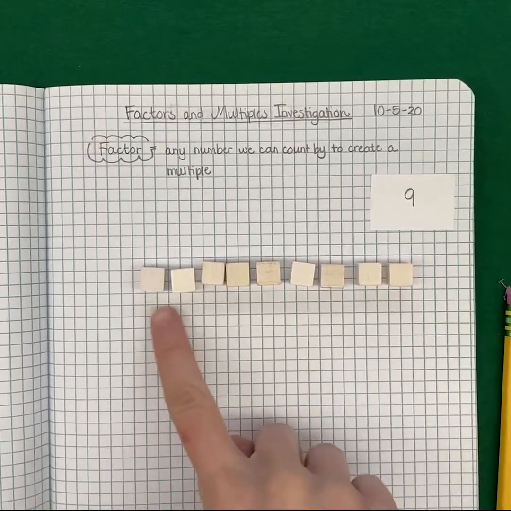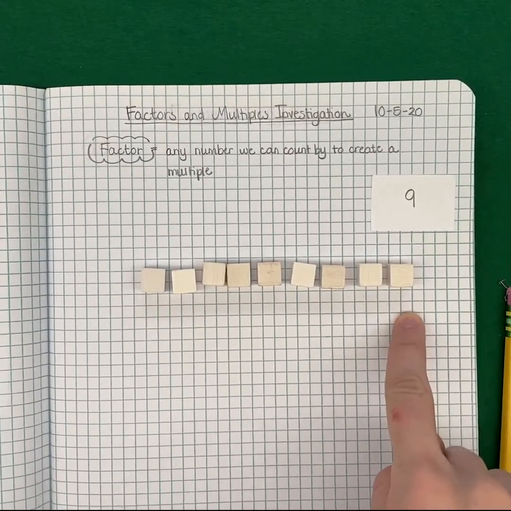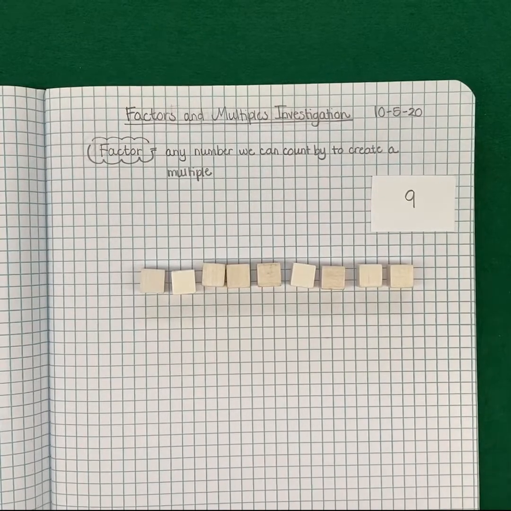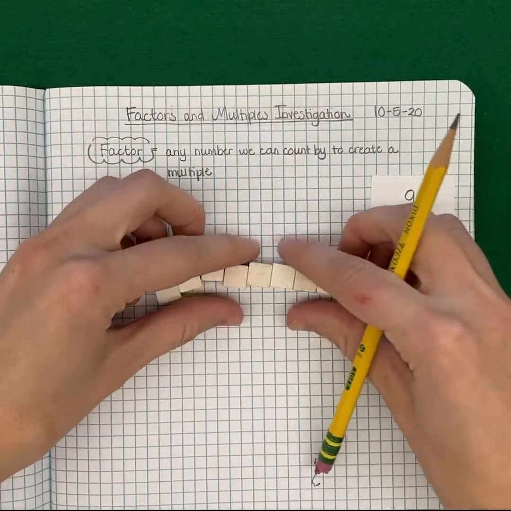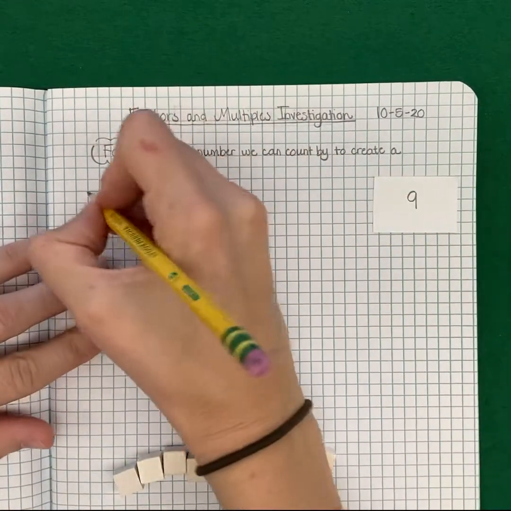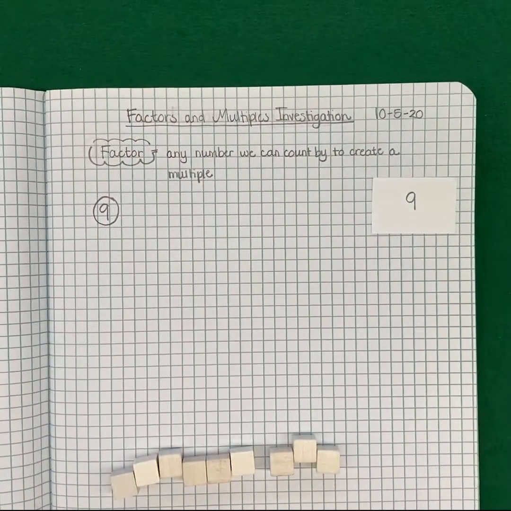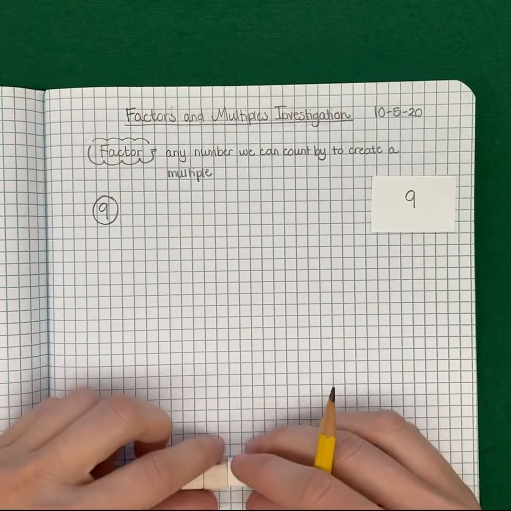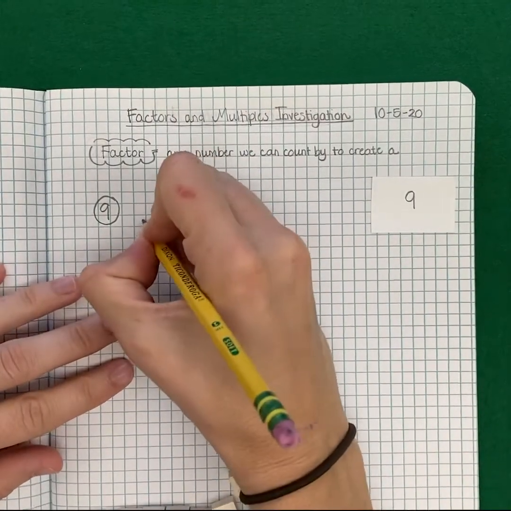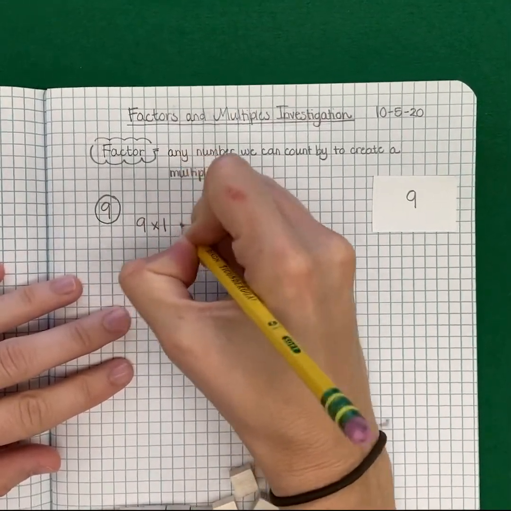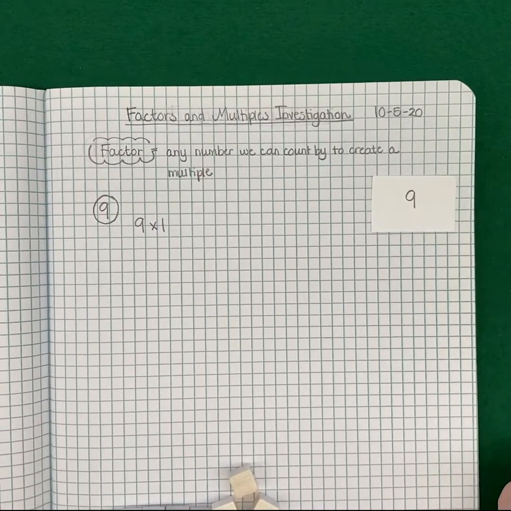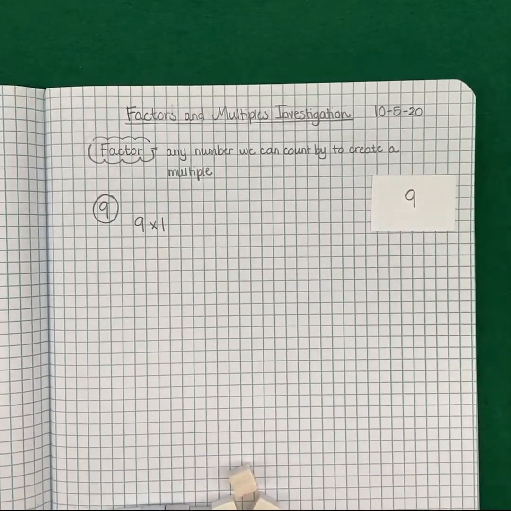Now, I could write this as a multiplication problem. I have 9 taken one time. So I'm going to write that. I'm going to say that 9 is my multiple, and I'm going to circle it up so I know which multiple I'm working with. And I just found a factor.